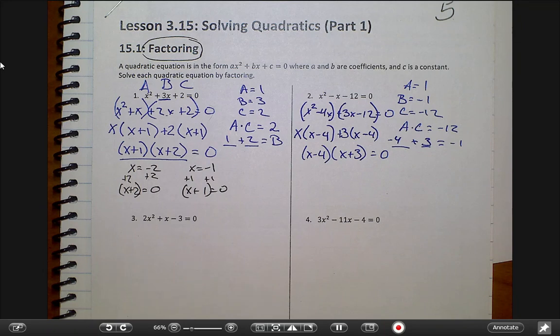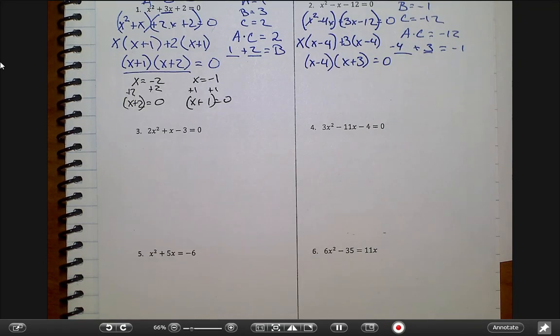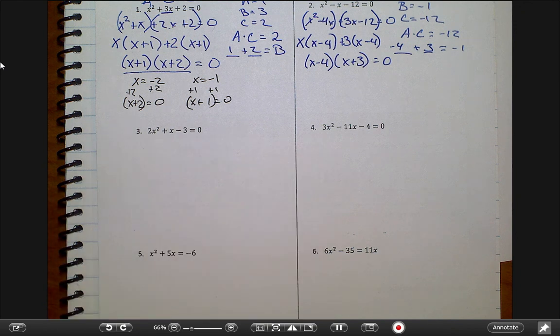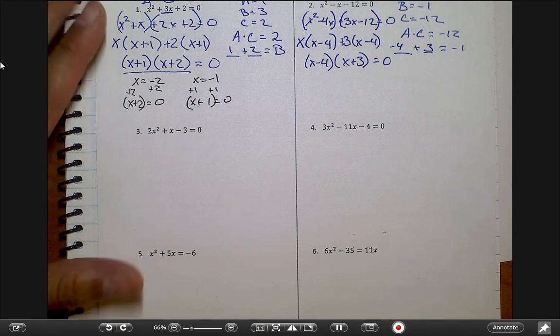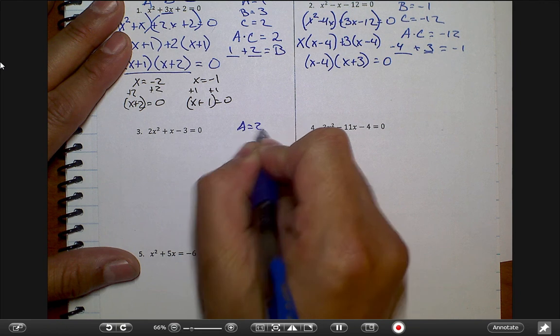All right, let's take a look at number 3 now. Except for the 5 and 6, these ones are close, but if you notice, my A actually has a number besides 1. That's what's different. This one, you have to do something first. For number 3, I'm going to start off with A, B, C. A is 2.